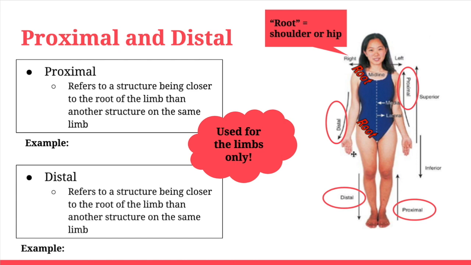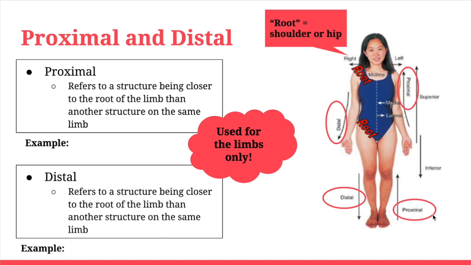So you just need to put those terms into that example. So probably the easiest way to come up with your examples, and I should have, I guess, gone over this earlier, is to think of how two body parts relate to each other in their location, and then fit that into the terms. Okay, so proximal is closer to the root than something else.